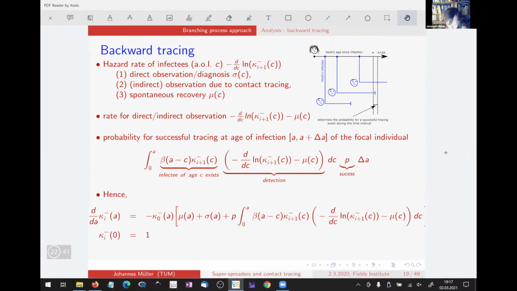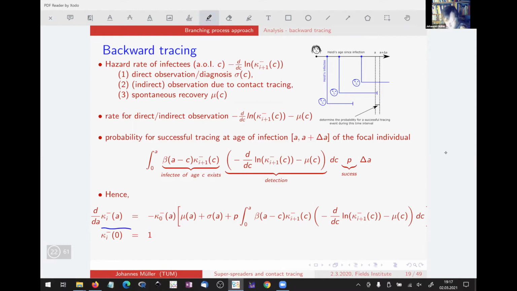So the age derivative of the probability to be alive, to be infectious for Heidi is, oh, that should be an I, sorry for that, is minus kappa I minus spontaneous removal rate, direct observation rate, and the tracing, and that should be in close bracket.